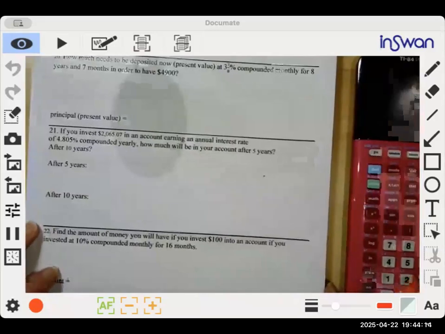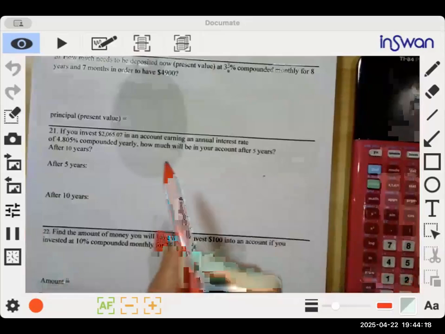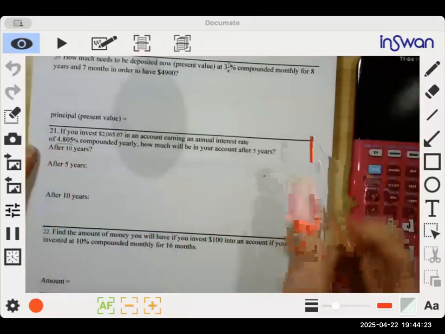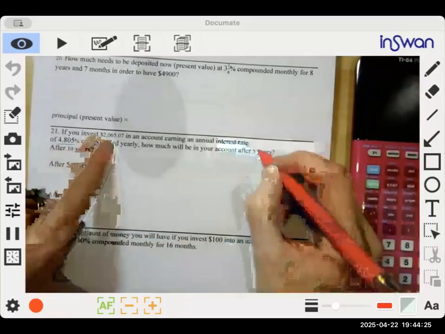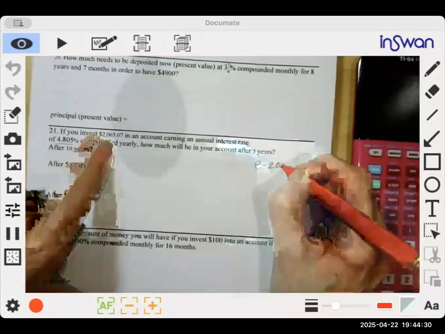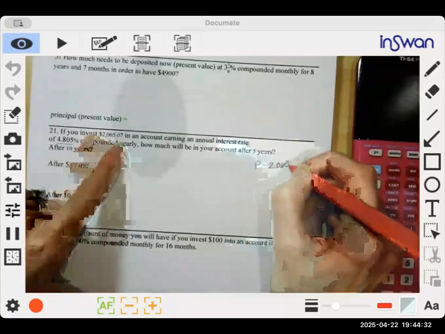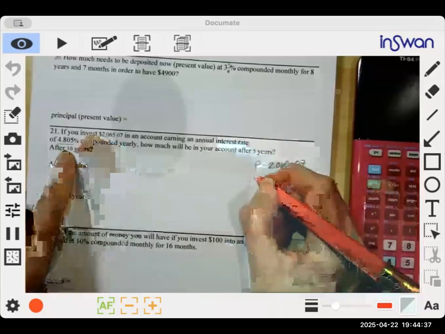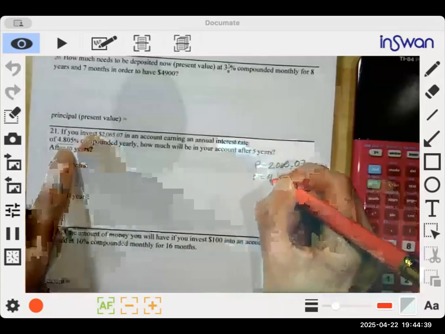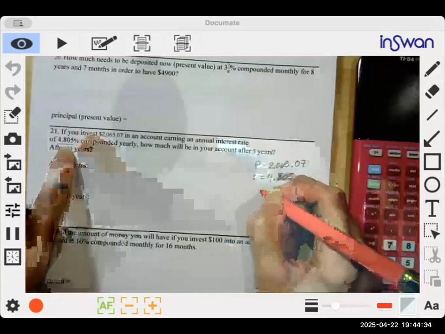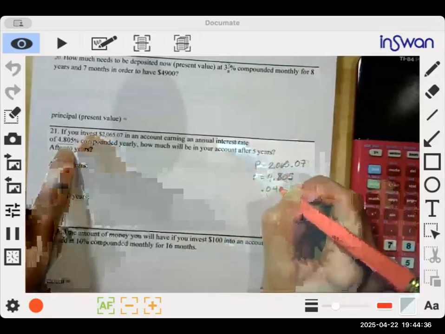If you invest $2,065.07 in an account earning an annual interest rate of, wow, these numbers are crazy, aren't they? All right, sorry. So our principal is $2,065.07. Our rate is 4.805. Moving the decimal point over 2 times, 0.04805.